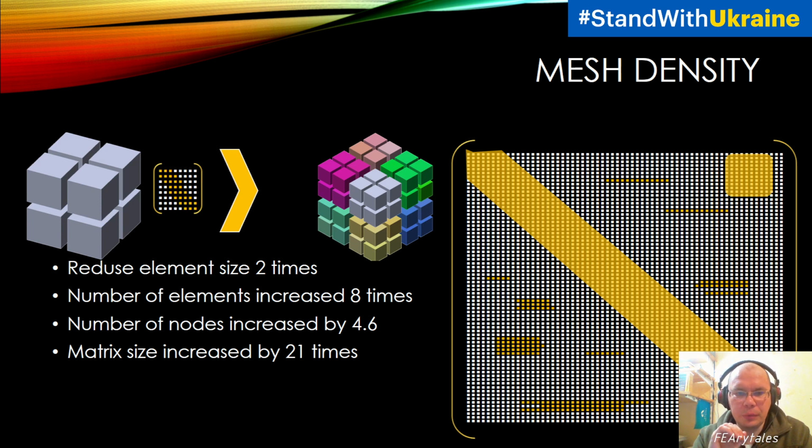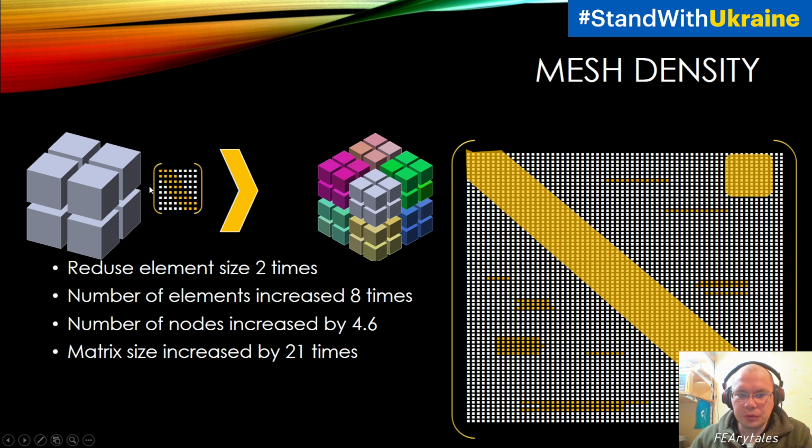Because the number of nodes describes the size of our problem. If we have a construction which we mesh with 2 elements on a side, we will have a couple of elements, a couple of nodes, and the stiffness matrix of our task will look like this one.